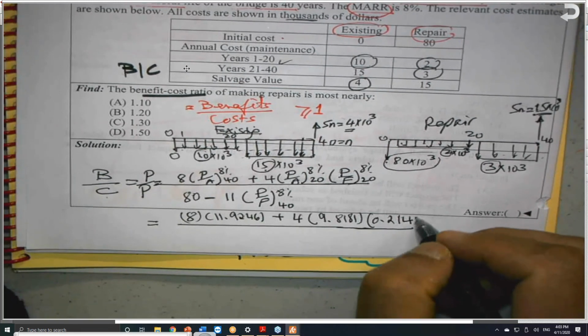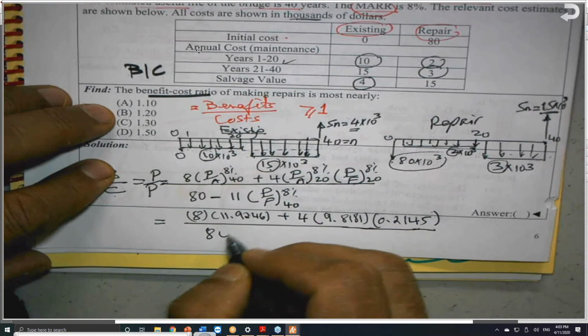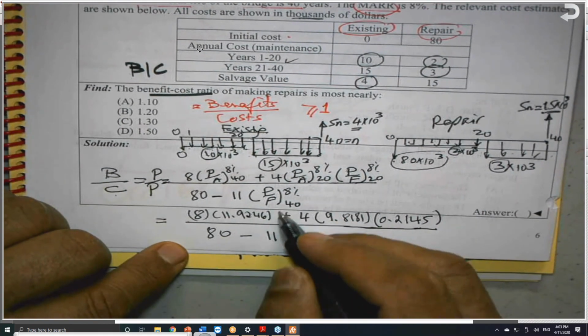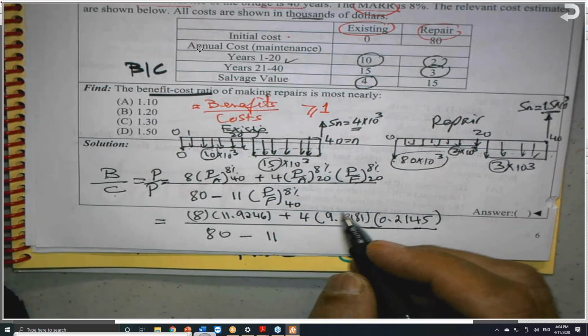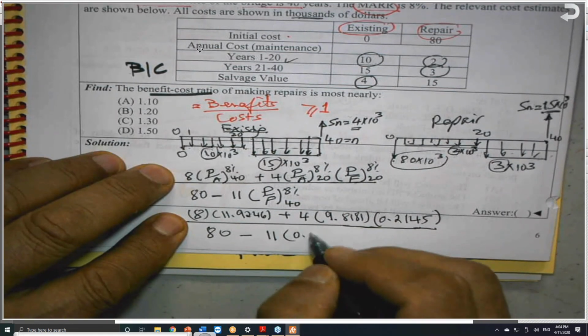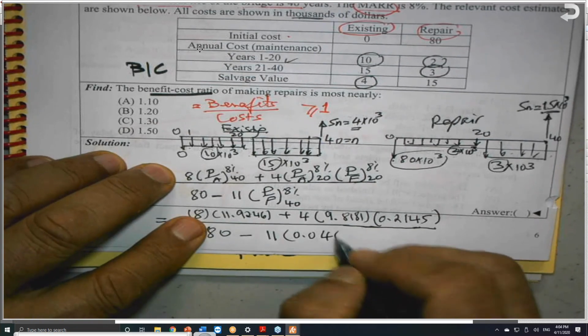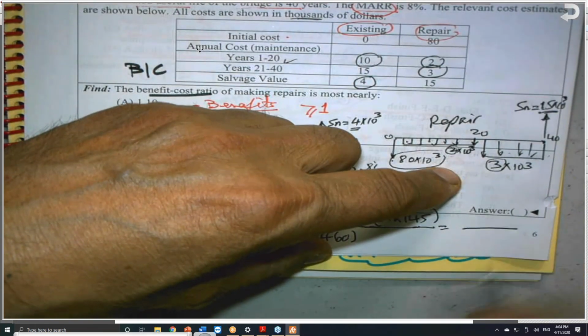Check these values. Divided by 80 minus 11 P over F for 40 years, it is 0.0460.